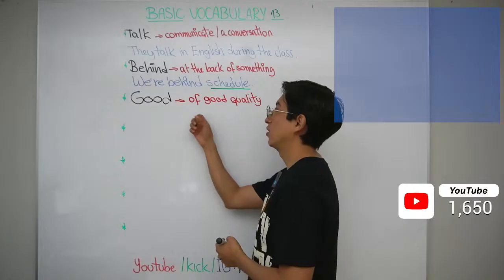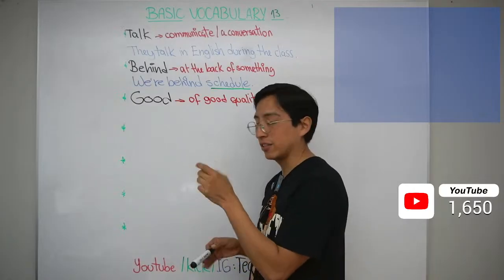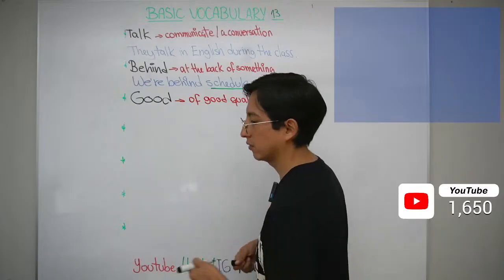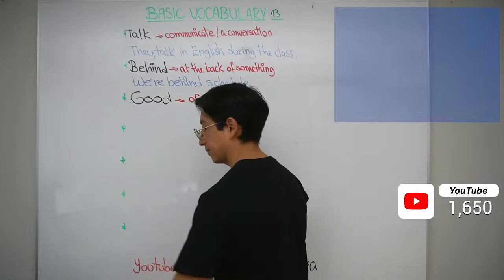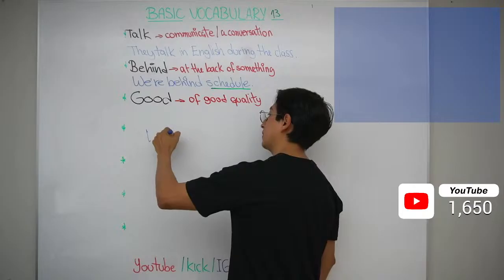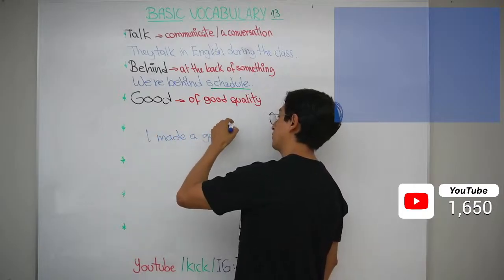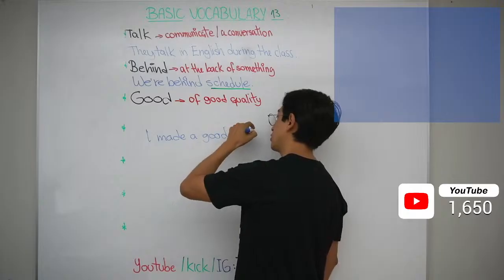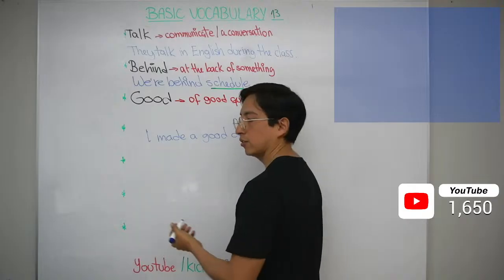Now here, remember, we always use good as an adjective. Always as an adjective. So we can say, I made a good decision, right?